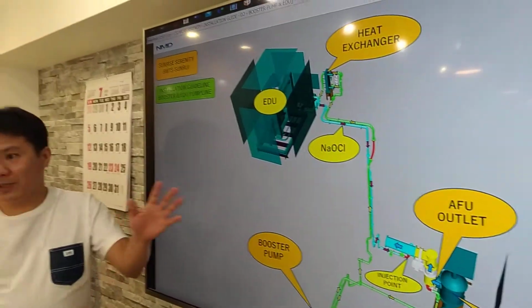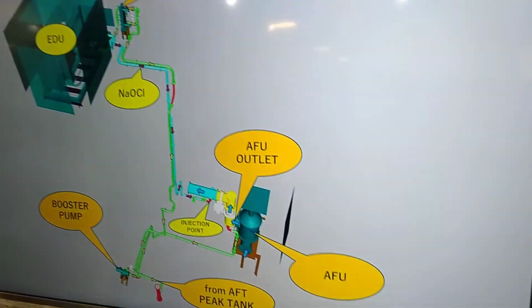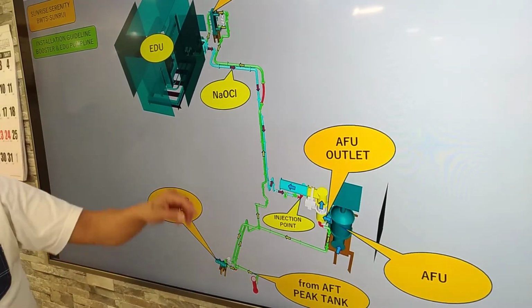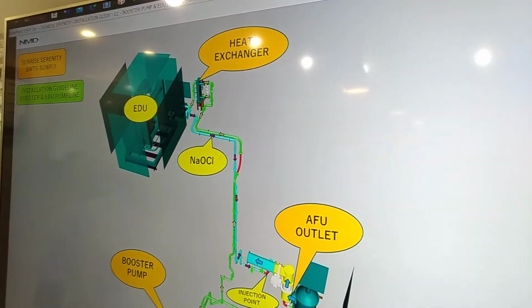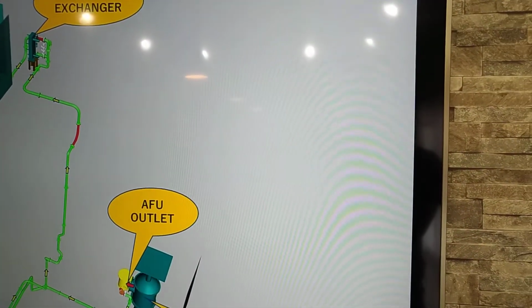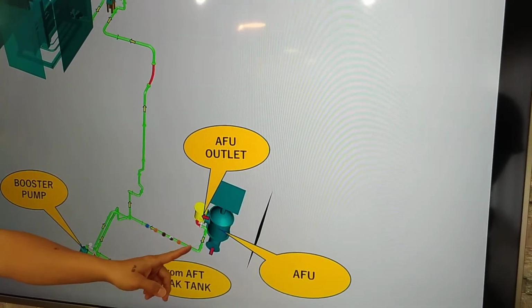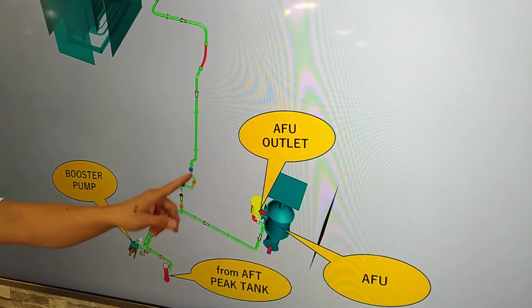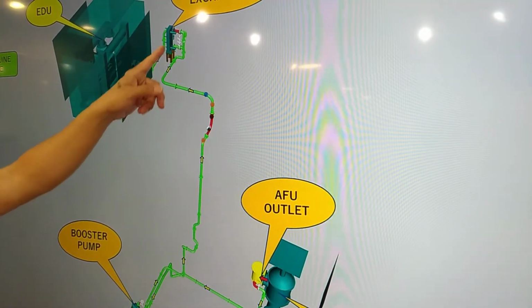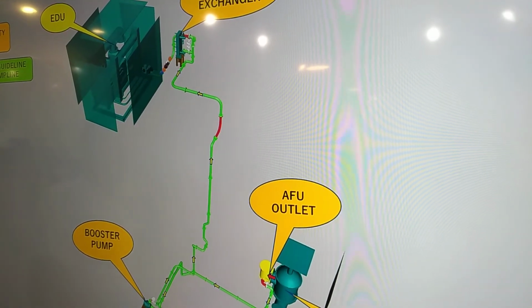So this is what I have discussed before. So just the basic, we have the equipment, the AFU, the booster pump, so either also from after peak tank, and we have the heat exchanger and the EDU. So we have here the flow. Okay, so we pump the seawater going to your booster pump, and then we pump that going to heat exchanger, and from heat exchanger it will go to your EDU.